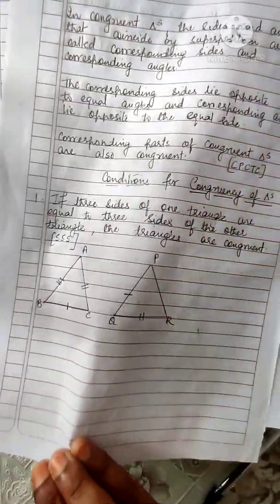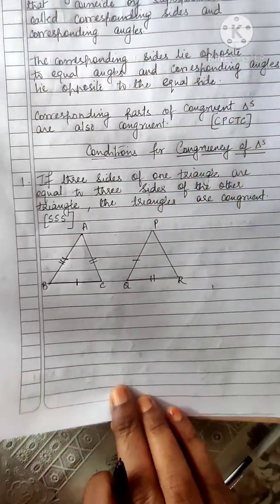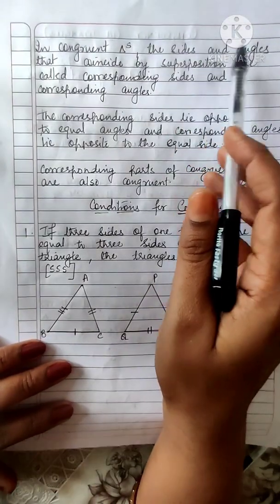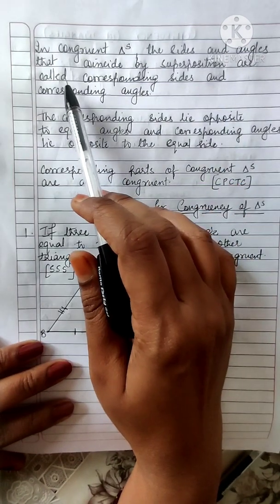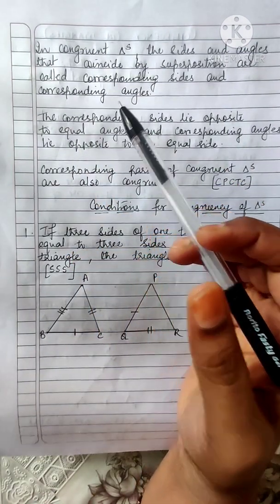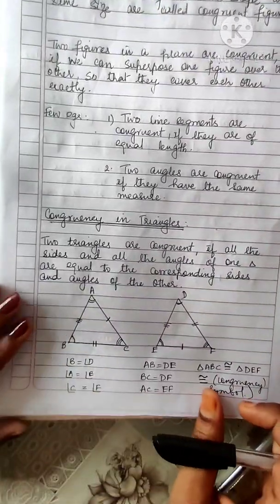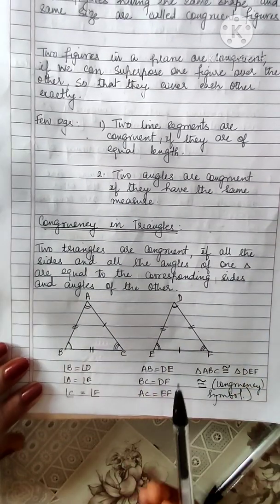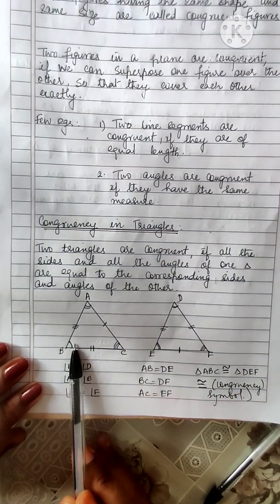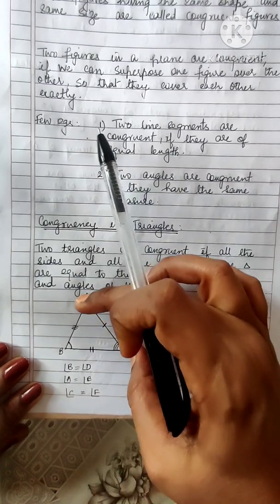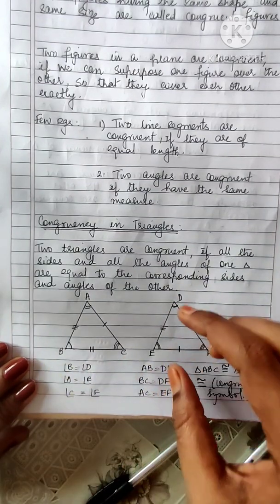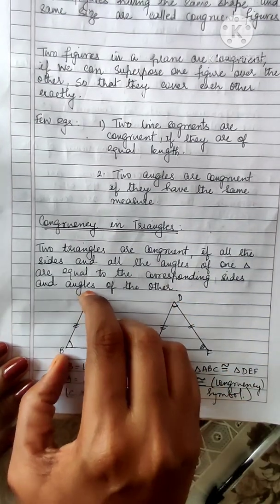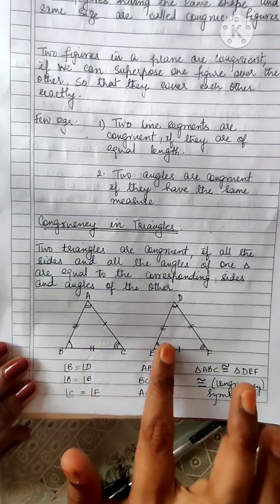Now we will learn more about congruency in triangles. In congruent triangles, the sides and angles that coincide by superposition are called corresponding sides and corresponding angles. Now if I compare these two figures, you see when you place triangle DEF on triangle ABC, EF will fall on AC, DF will fall on BC, and DE will fall on AB, because these are the equal sides.